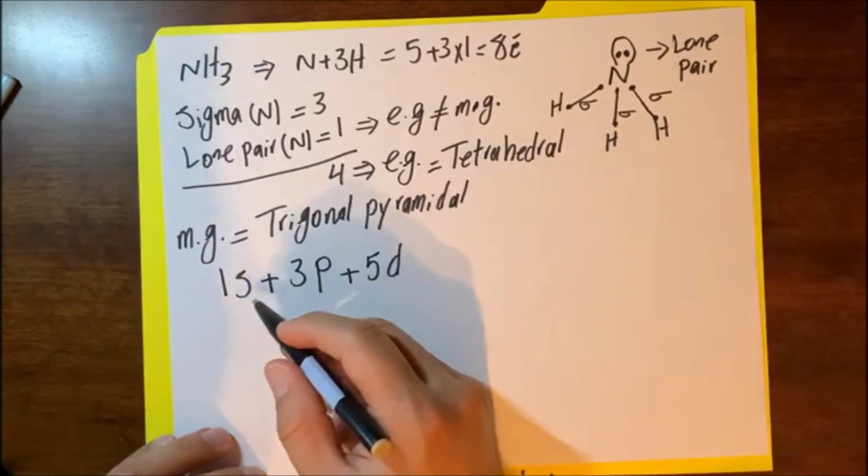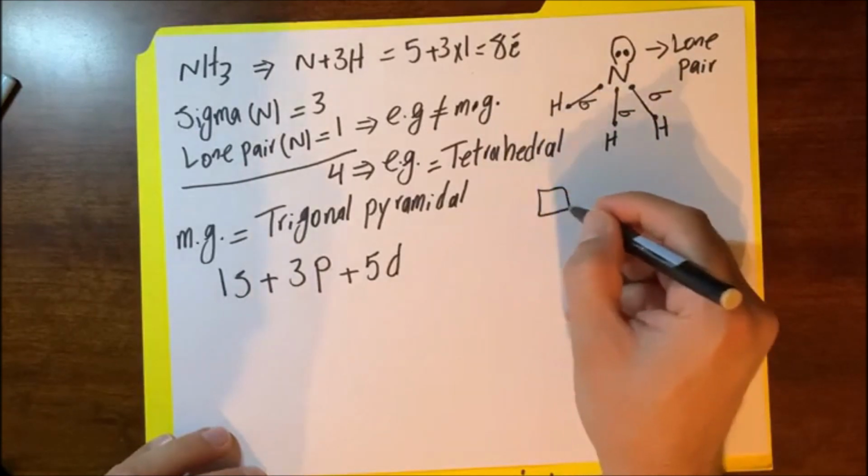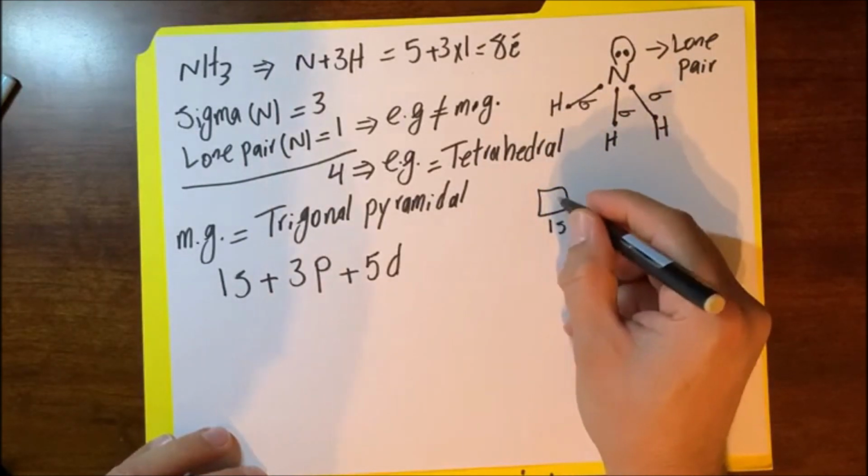What do I mean by 1 and 3 and 5? S is made of 1 block, just one.